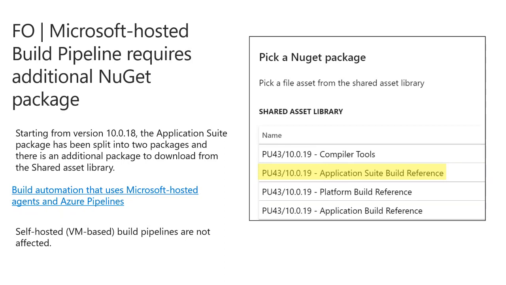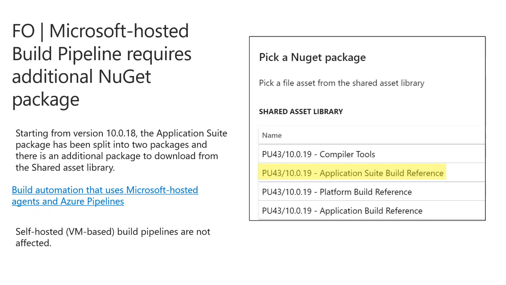On the finance and operations side, there are a few we'd like to make you aware of. The first one is if you are using a Microsoft hosted build pipeline, there is now a new NuGet package. Starting with version 10.0.18, the application suite package has been split into 2 packages, so there's an additional one you would want to download.